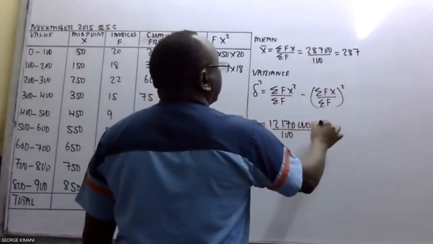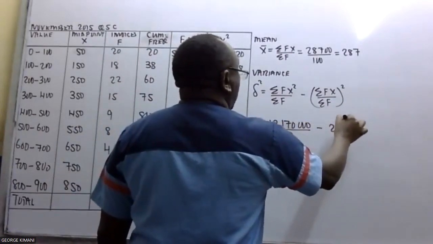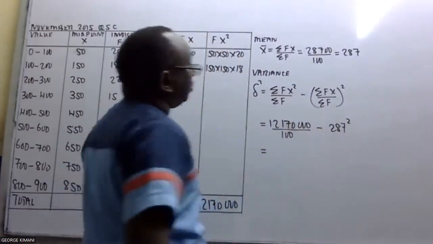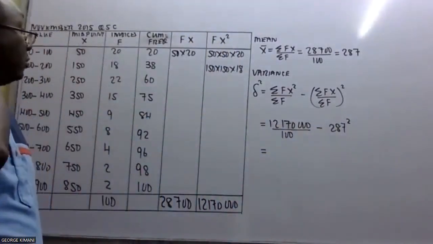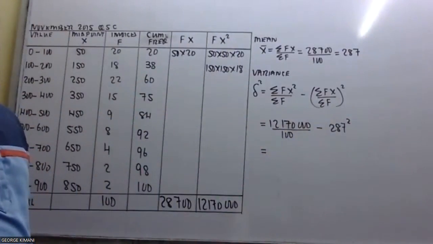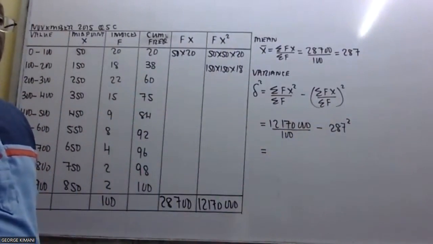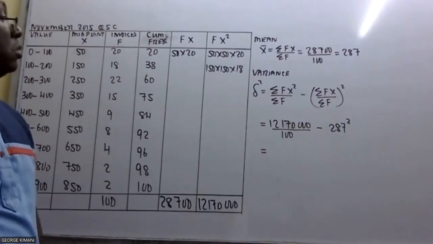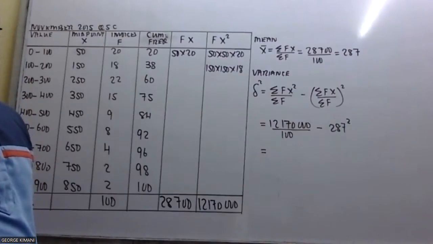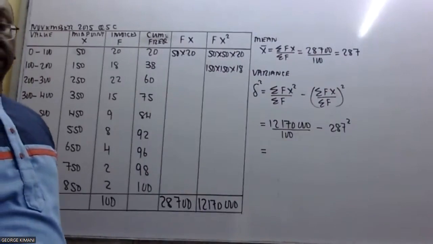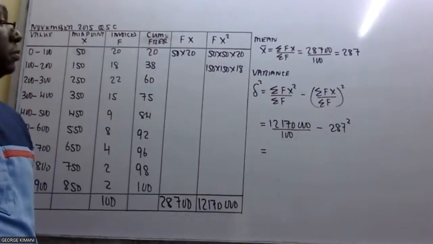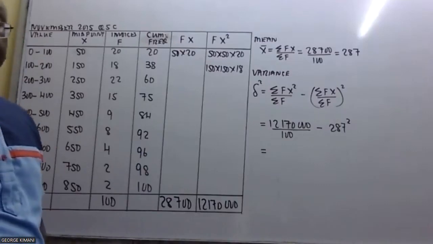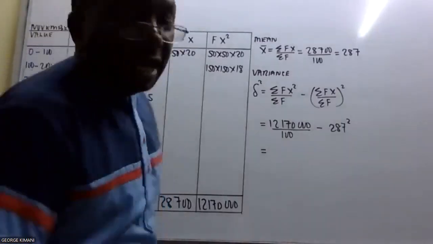You divide by 100 minus 287 squared. So give me that value. That is 9,331.